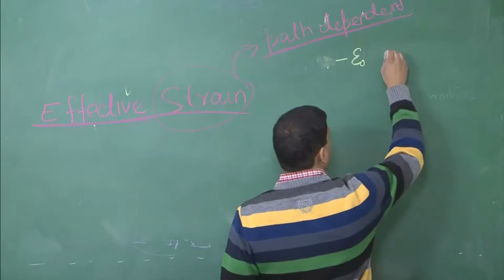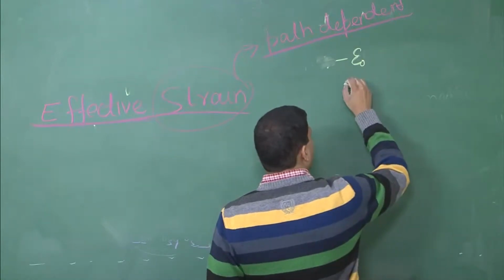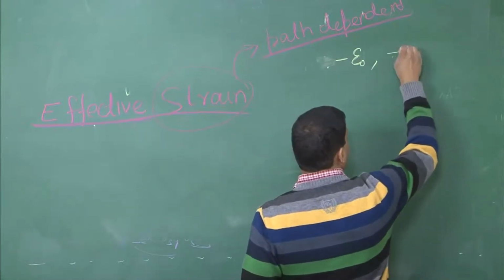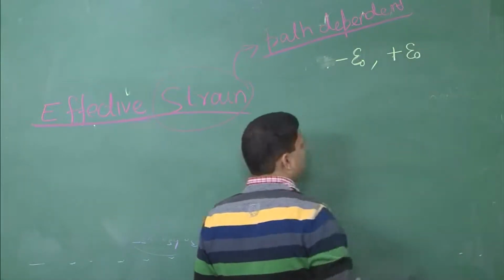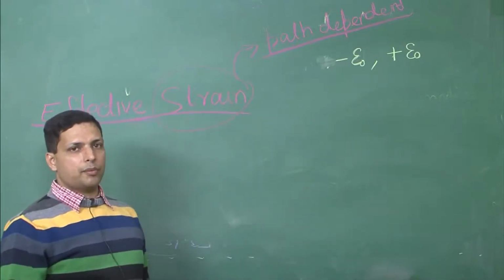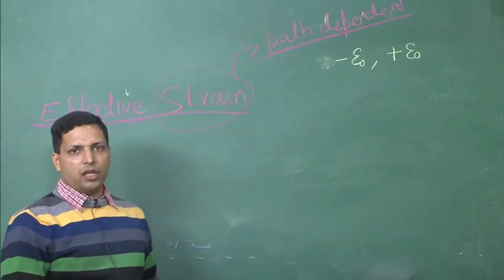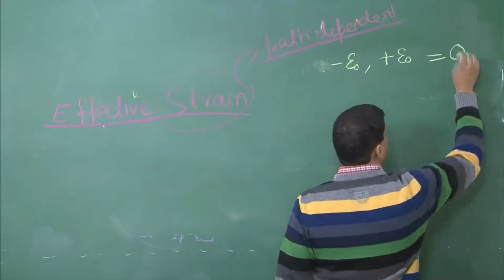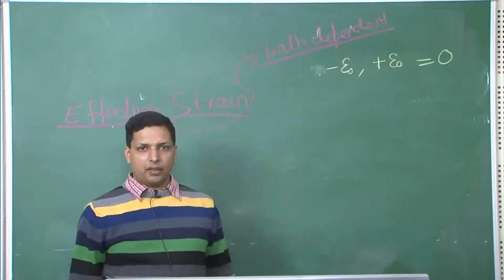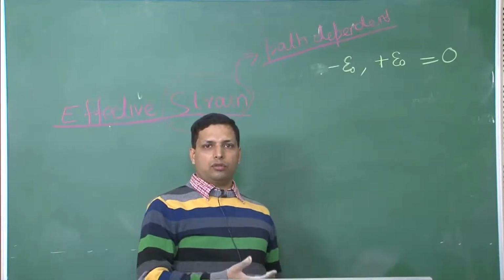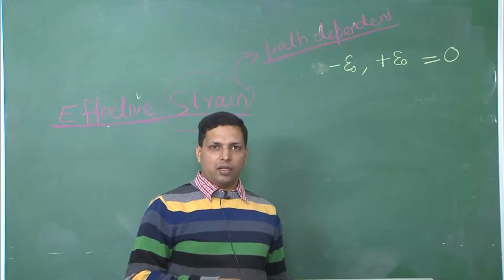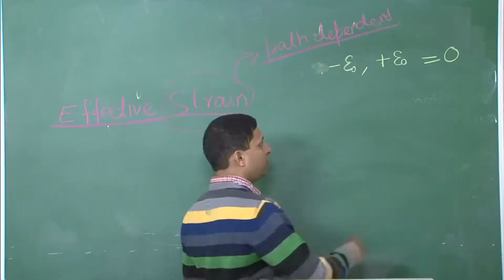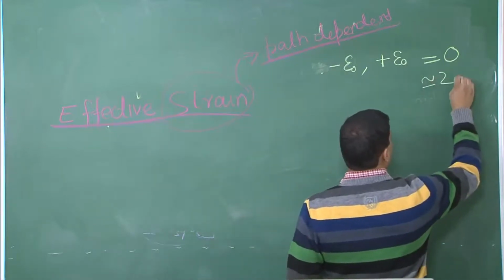Now I take this material and do another kind of deformation where it is given plus epsilon naught, a tensile strain, where it is deformed to plus epsilon naught. If you were to vectorially or even scalarly add these two quantities, what you will get is that the total strain is 0. But is it really 0? If you do two deformations, does the total strain come back to 0? Absolutely not. In fact, if anything, it is closer to 2 epsilon naught.